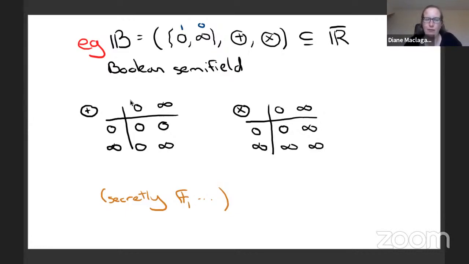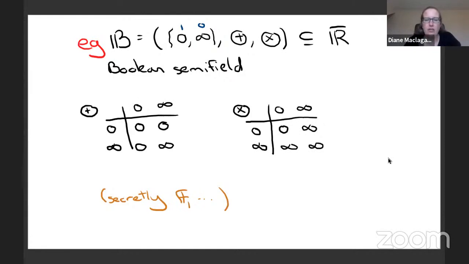When they're working with the field of one element, the dirty secret is that the field of one element is not really a field. In some sense, you could think of it as a semi-ring with two elements. It's a little strange, but we still get to say something about this.